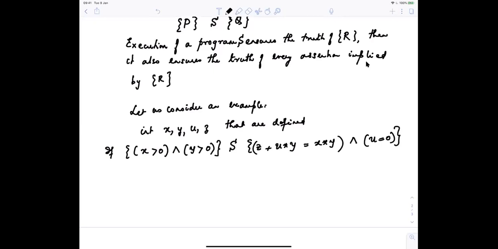So what is it that we have? We have here a precondition P, and this is S, and then we have a postcondition R over here.